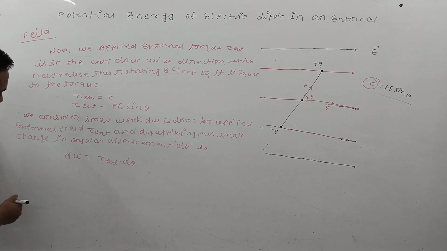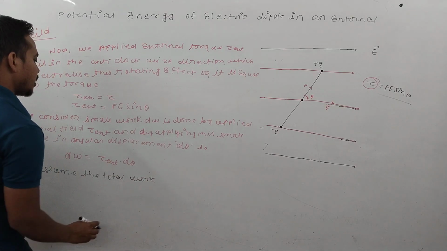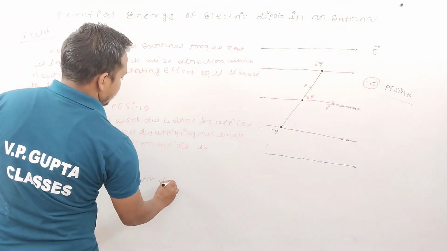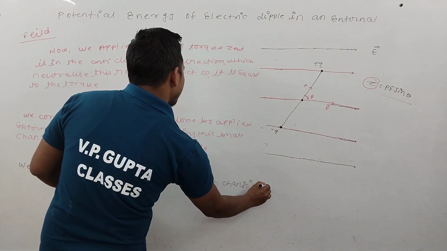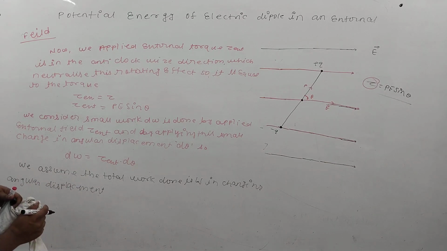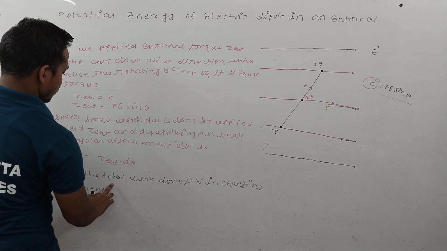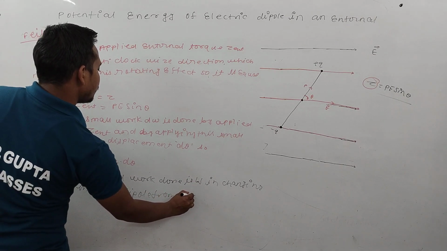Okay, now we assume the total work done is w in changing the angular displacement of the dipole from theta 1 to theta 2.